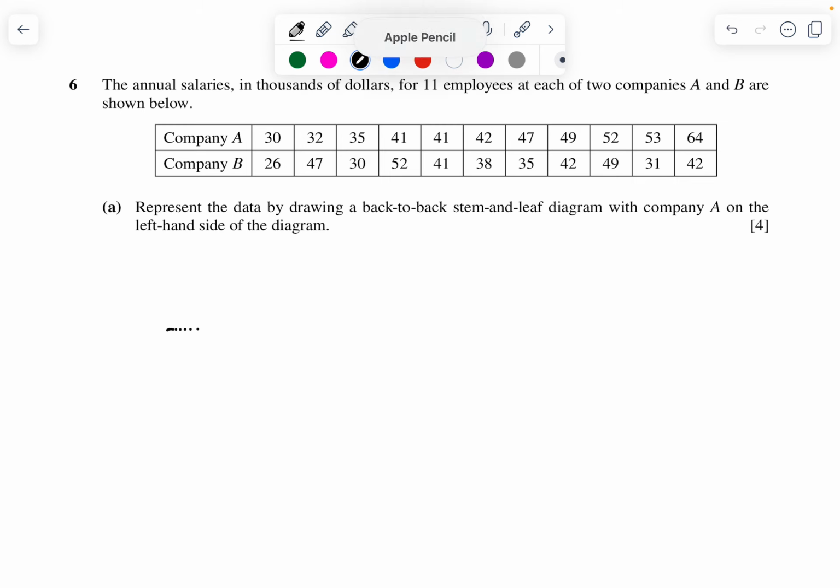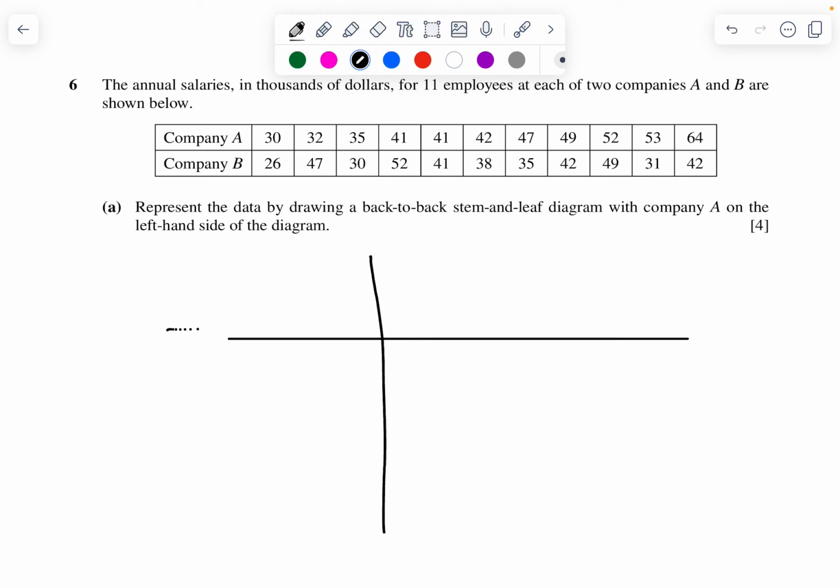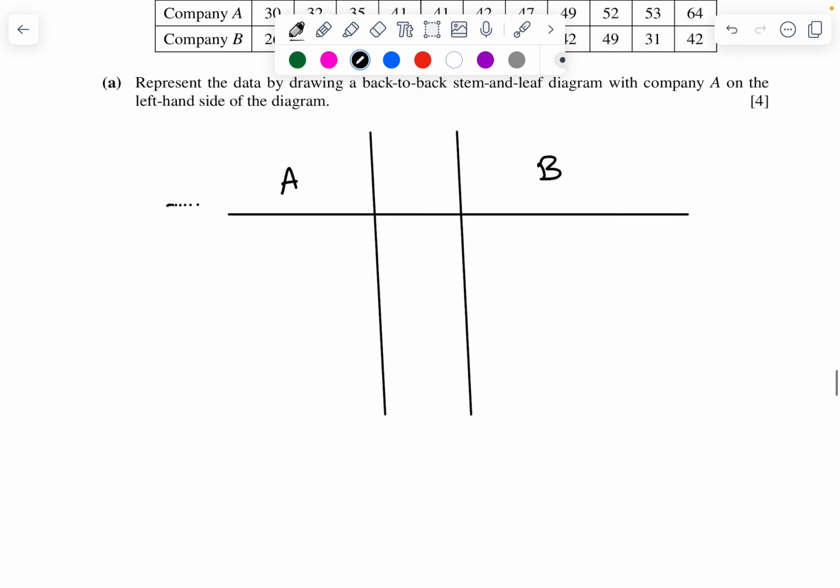Let me draw there, A and B. A over here, B over here. The stem is going to be 2, 3, 4, 5, 6. And under 2 there is no 30, 32 and 5. This is 1, 1, 2, 7, 9, 2, 3 and 4.